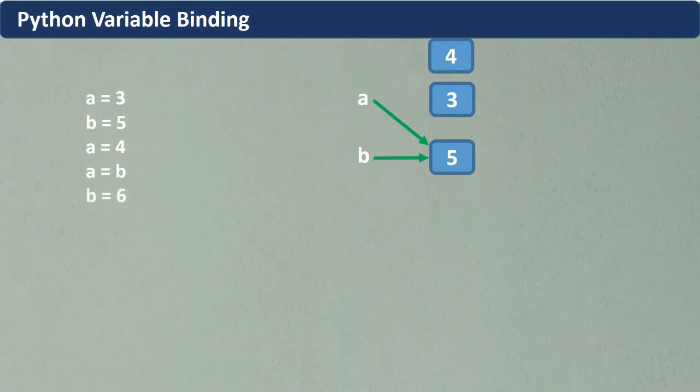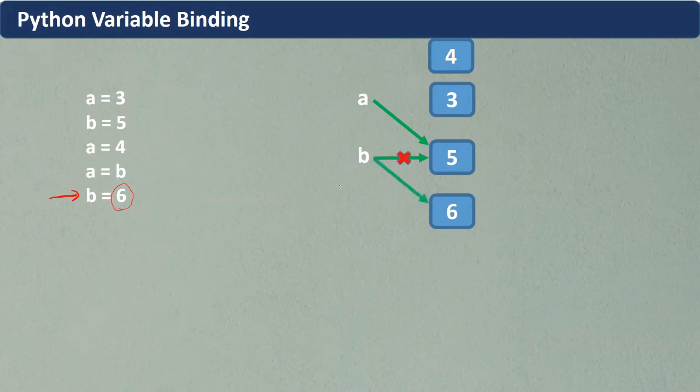And then next, if you see what is going to happen. Here you see now in your program somewhere you have written b equal to 6. At this time, what is going to happen? 6 is another integer object. So for that, an integer object is created here. And then that object you are binding to b actually. That means the current b binding we are going to cancel.